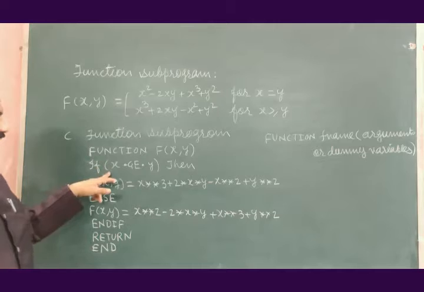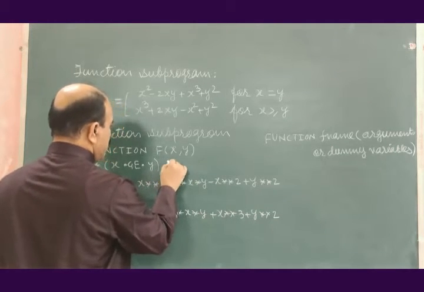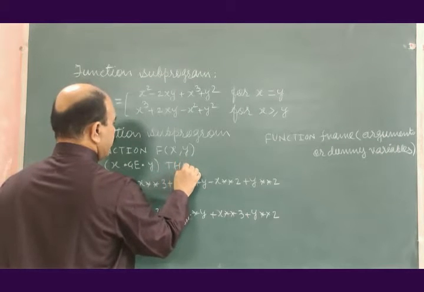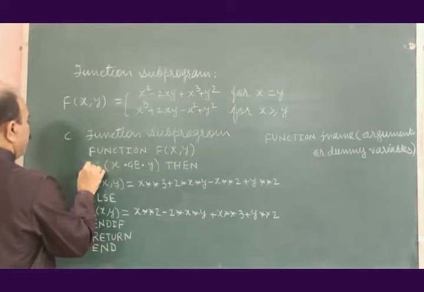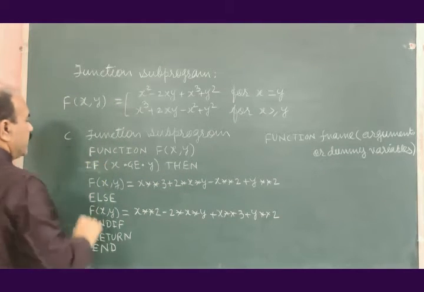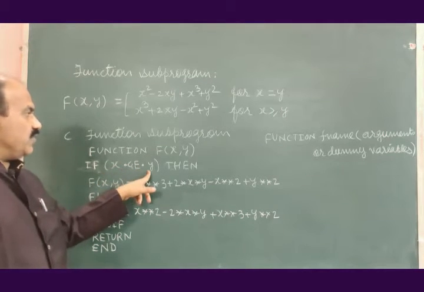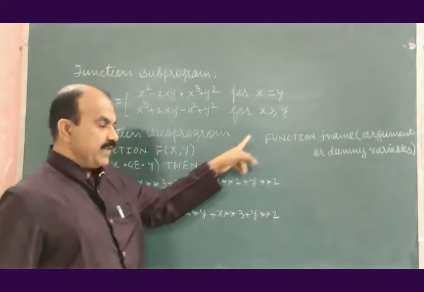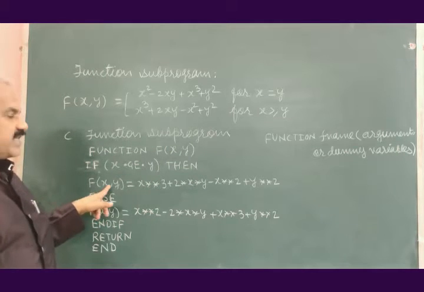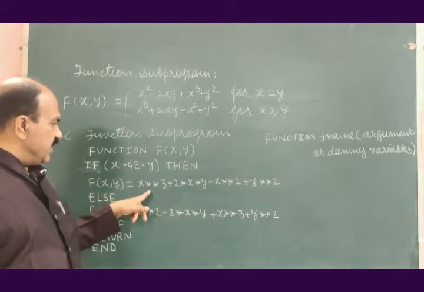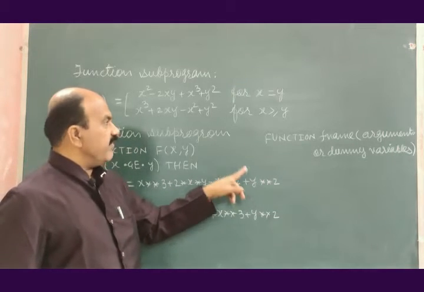Now it is the logical condition. Even you can put here a capital 1, as we are using capital everywhere. If logical condition x greater than equal to y, then define f of xy by this equation: x cube plus 2xy minus x square plus y square.